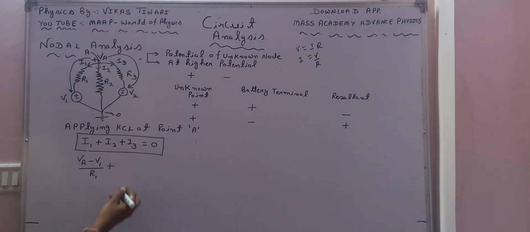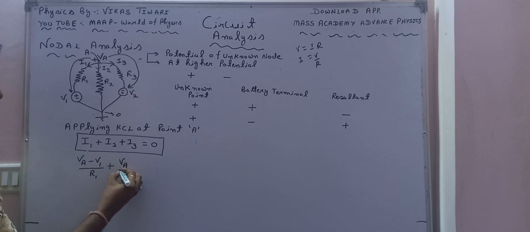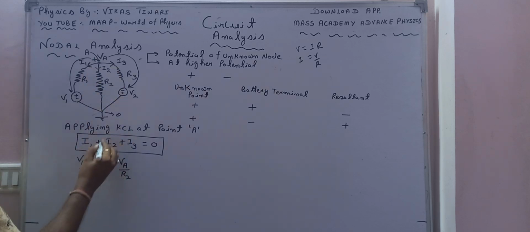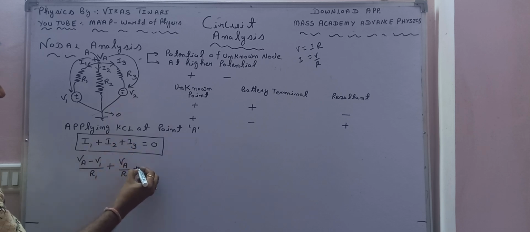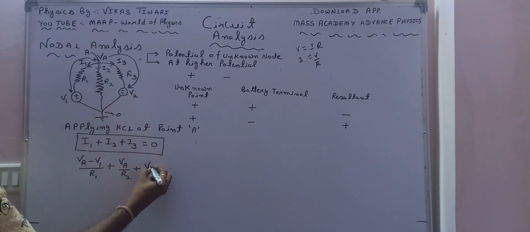Okay, so next, in this particular branch we can say VA upon R2. So this is I2, this is the value of I2, and what is the value of I3? The plus terminal faces negative, so it will be equal to VA plus V2 upon R3.